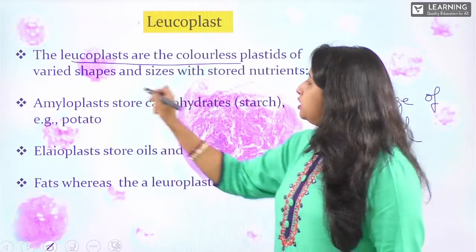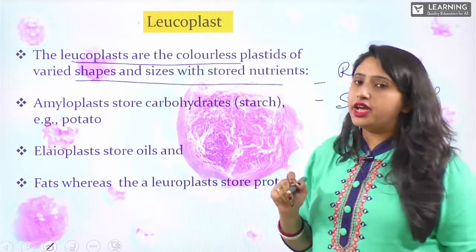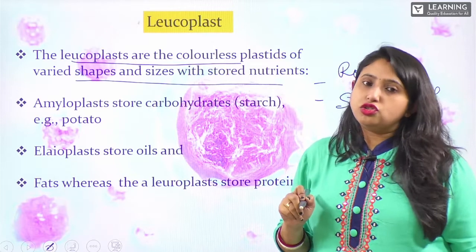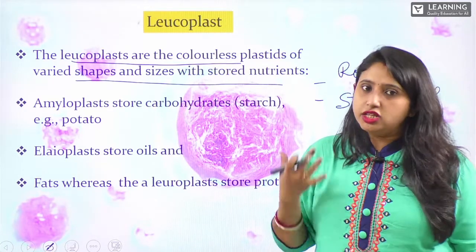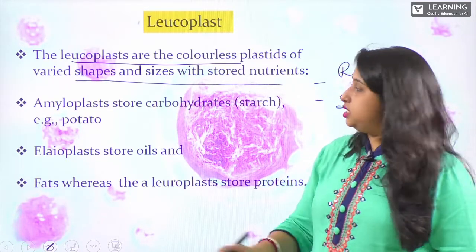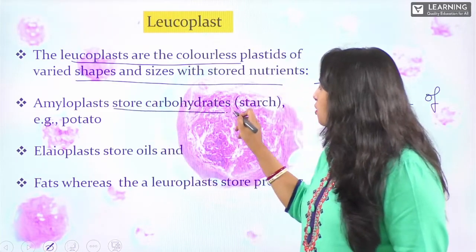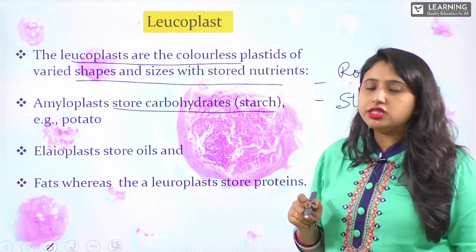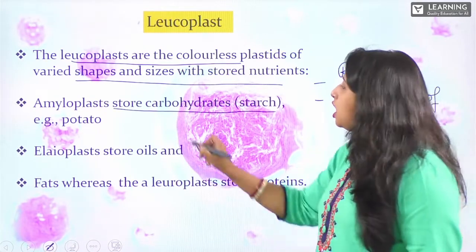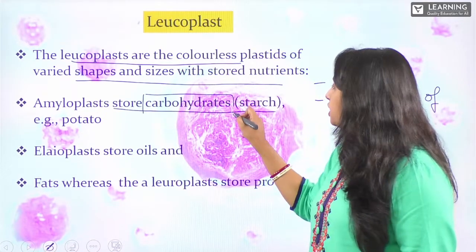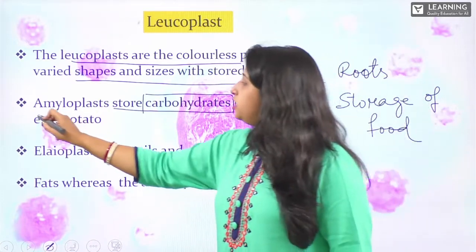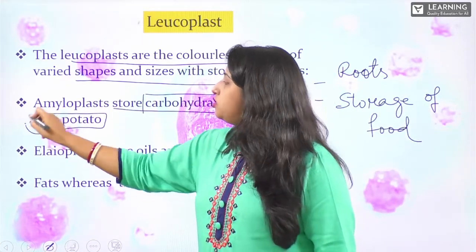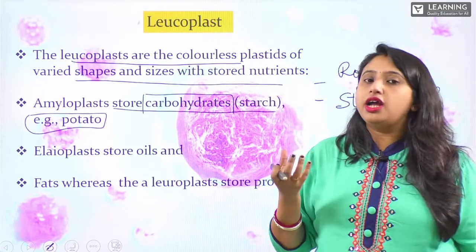They also differ in size, and they also store nutrition. As I said, they store the food, isn't it? So amyloplast stores what? Carbohydrates. Amyloplast, which is a part of the leucoplast, stores the food, that is the carbohydrate, starch. For example, in the potato. Potato is colorless, isn't it? We find it underground.